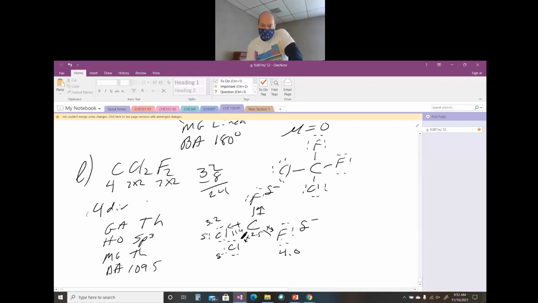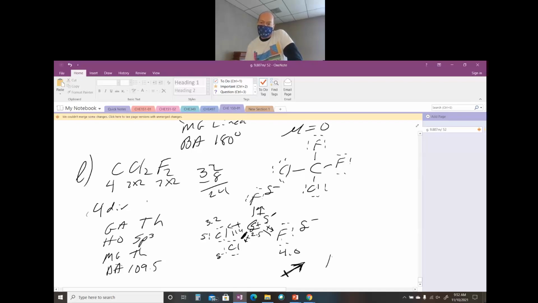When you look at the delta plus on the carbon, surrounded by delta minuses, you might think the center of delta minus is right on the carbon. It is not, because the fluorine is pulling out a lot more electrons than the chlorine. So your center of delta minus is closer to the middle of your two fluorines, and your polar molecule goes this way.